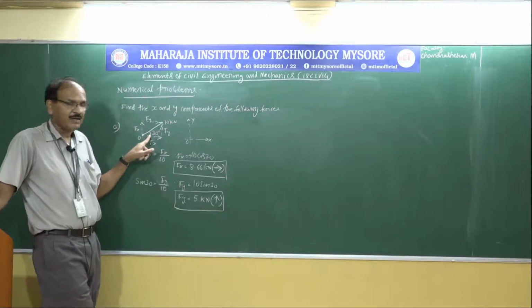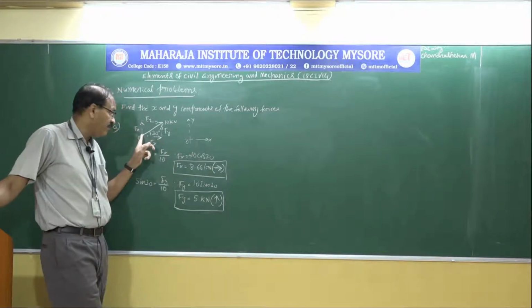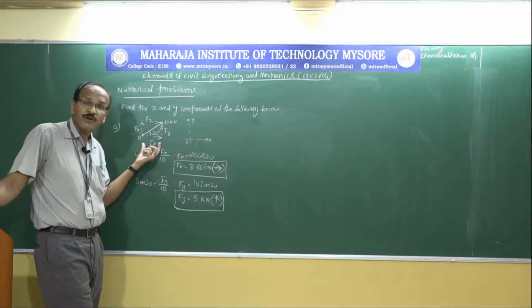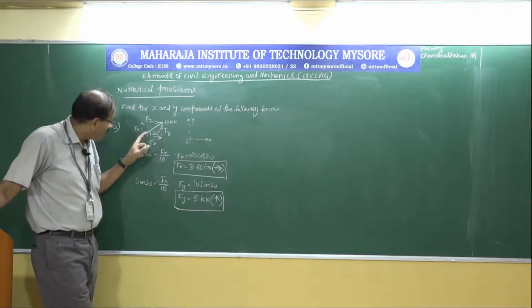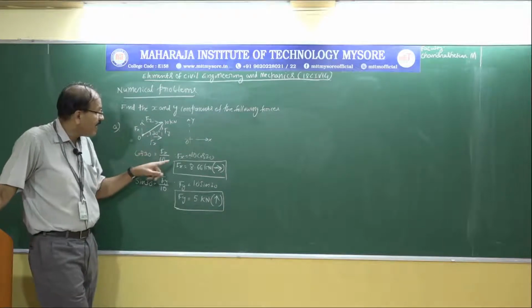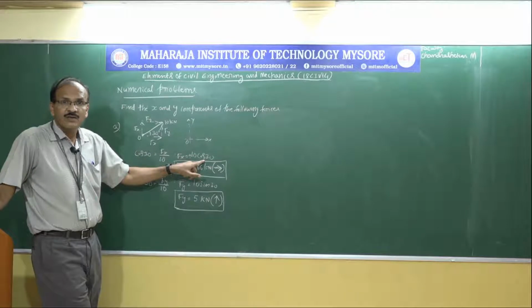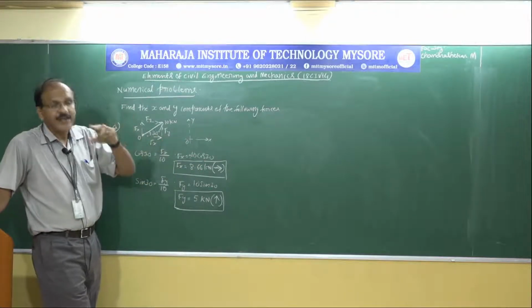Keep that in mind. So here, Fx is the horizontal component of this force F, 10 kilonewton. This is adjacent to angle 30, so that should be cos. So you can directly write 10 cos 30.